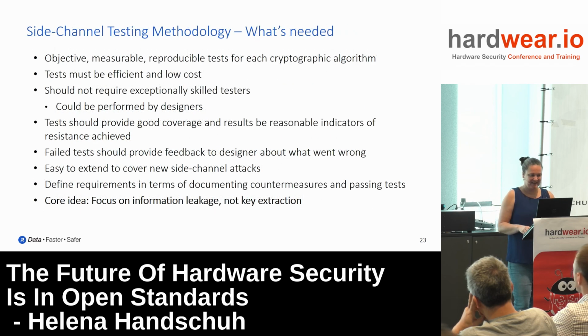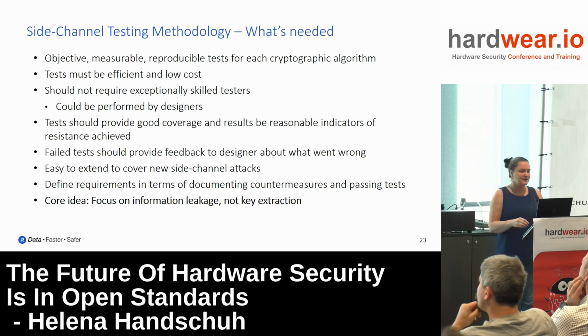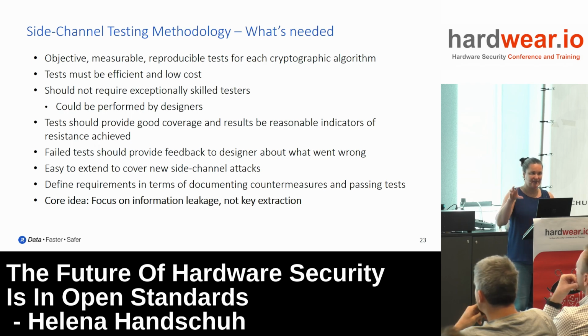All right. So what you need is some kind of objective, measurable, reproducible test for each algorithm, because every algorithm is different. You need the tests to be efficient and low cost. They should not require exceptionally skilled testers. So it's not about the capabilities of the experts in the labs. It's about tests that you can apply automatically. That's the question.